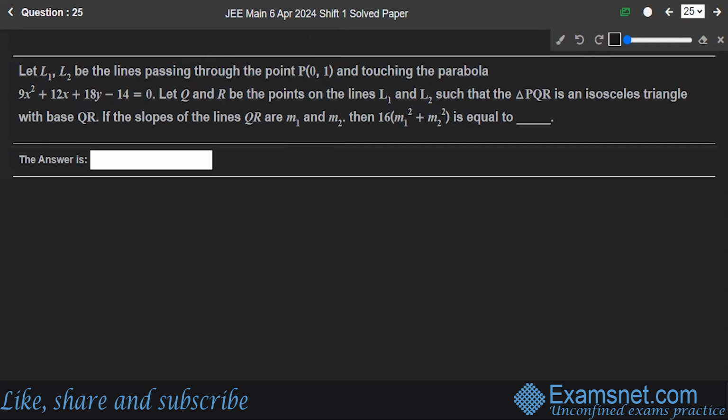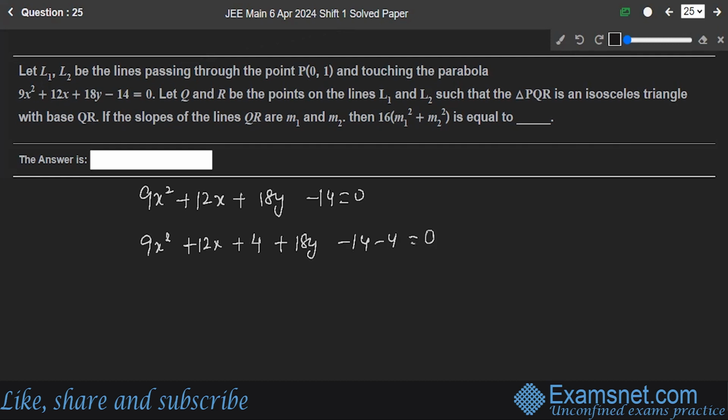All right, so first thing, you are given the parabola, that is 9x square plus 12x plus 18y minus 14 is equal to 0. I can write it as 9x square plus 12x plus 4 plus 18y minus 14 minus 4 is equal to 0. This is 3x plus 2 whole square plus 18y minus 1.